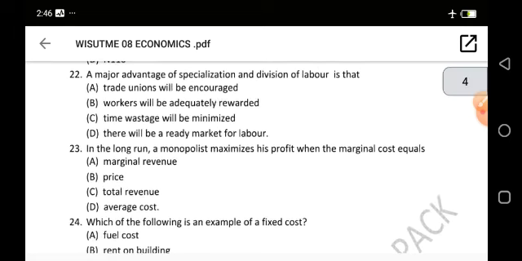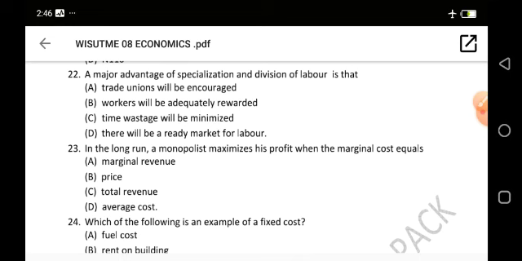Number 23, in the long run, a monopolist maximizes its profit when the marginal cost equals what? The marginal revenue. When the marginal cost equals the marginal revenue. There are lovely diagrams for this, but because of the nature of the device I'm using, I'm being handicapped.